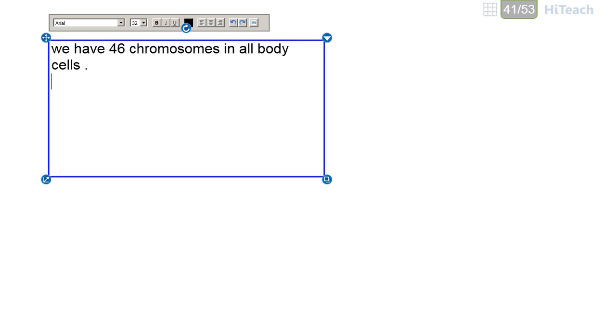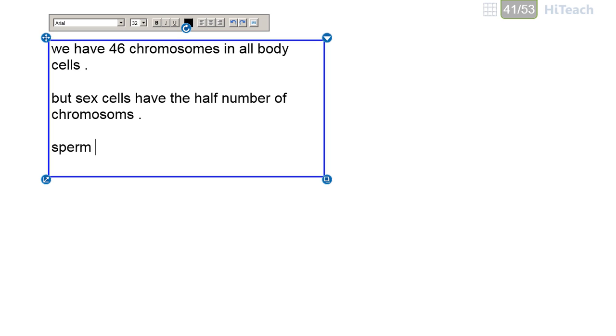What about sex cells? Sex cells have half the number of chromosomes, which means a sperm cell has 23 chromosomes, okay, and an egg cell has 23 chromosomes.